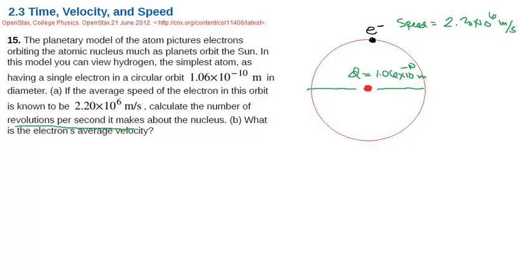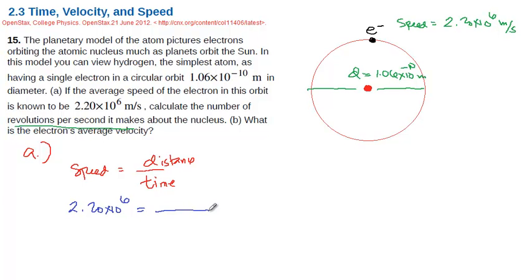To work that out, let's remember that speed is essentially distance traveled over time. We're given speed, so let's plug it in: 2.20 times 10 to the 6 meters per second, and the time is 1 second.